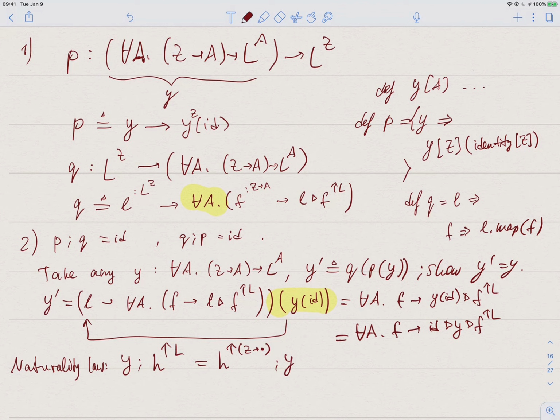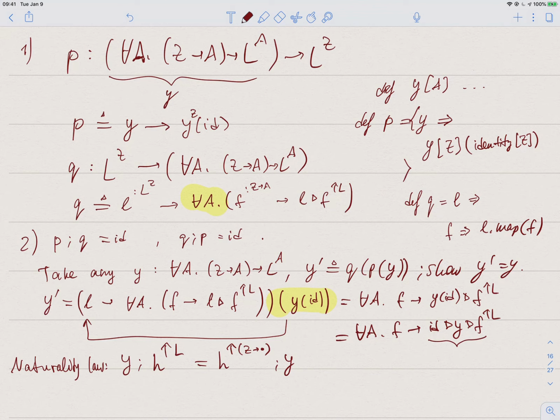So let's find out what that is, the H lifted to this. It's actually easier to substitute directly into here. So what if we substitute identity into both sides of this law?